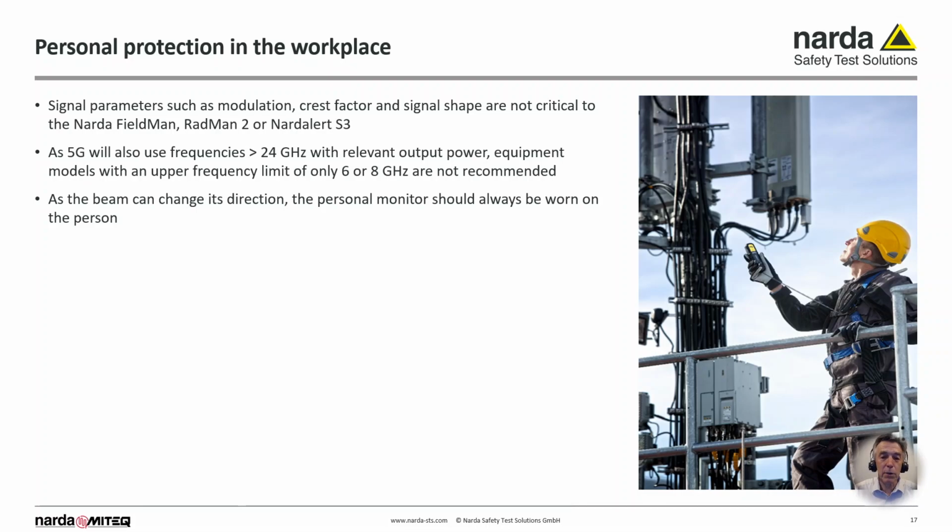And there are a lot of similarities. So we can say the signal parameters such as modulation, crest factor, bandwidth, and signal shape are not critical for personal monitors like the Redman 2 and the Natalot S3, and also the broadband meter Fieldman or the older instrument, the NBM. They don't really care about 5G.